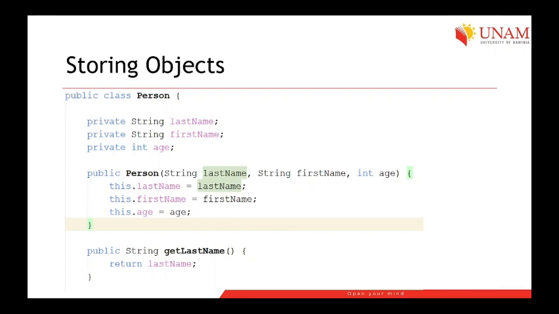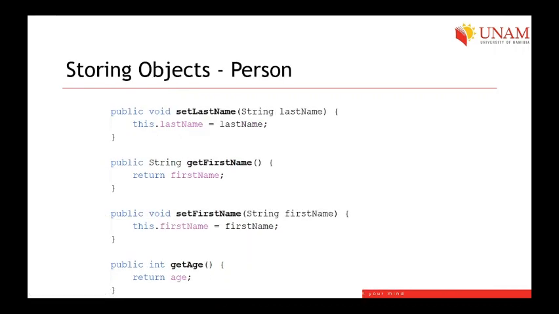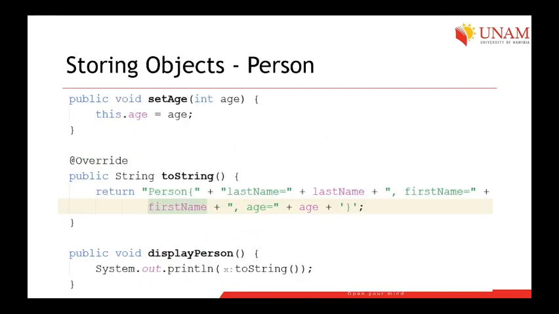In the book, we are given an example of a person object that has a last name, a first name, and an age. We can represent this object as a class using these instance variables, a constructor that initializes the values of the instance variables, and then get and set methods that enable us to change the values of the instance variables.